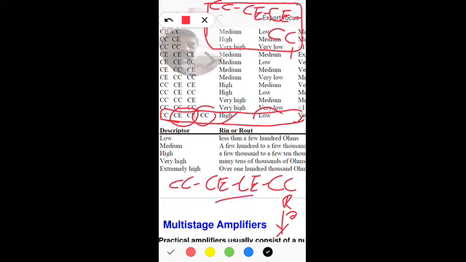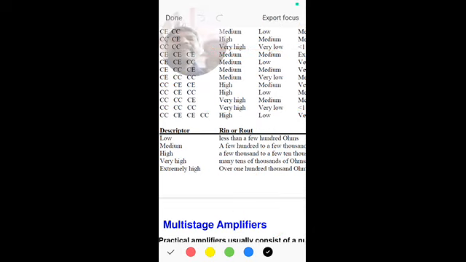Power gain is very high, voltage gain is very high, and RI is very high. These are the ideal characteristics of a multi-stage amplifier. Today we have studied the characteristics of a multi-stage amplifier.